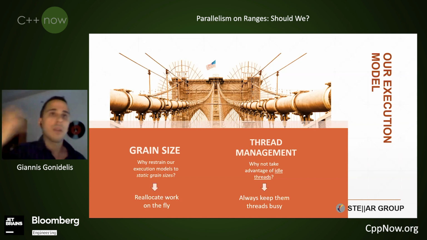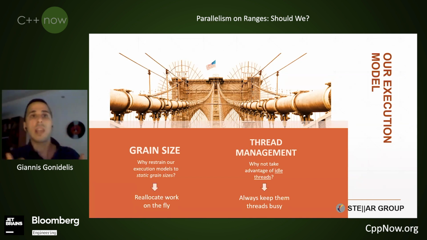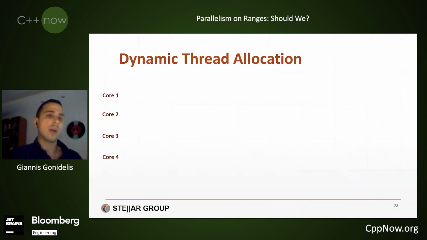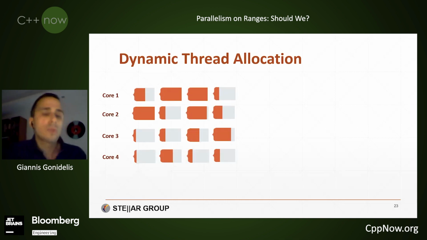You could reallocate work whenever your threads are available. You always keep your threads busy, and that's, of course, more performant. And I will demonstrate with this very simple example how this achieves greater performance. So let's say we have a 4-core system and we have a certain amount of workload to do.